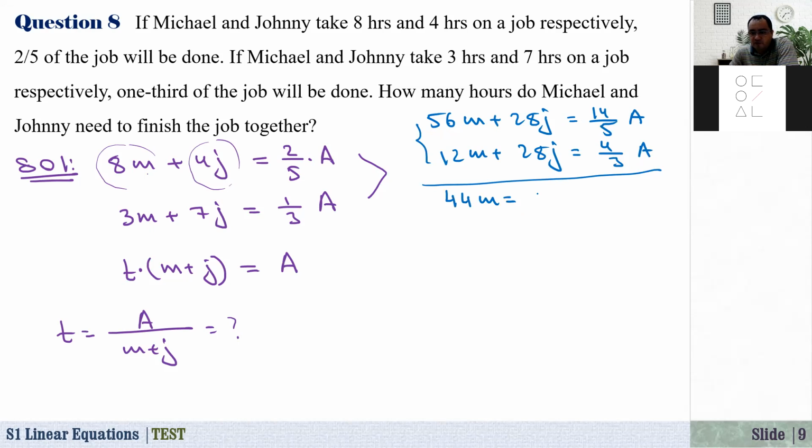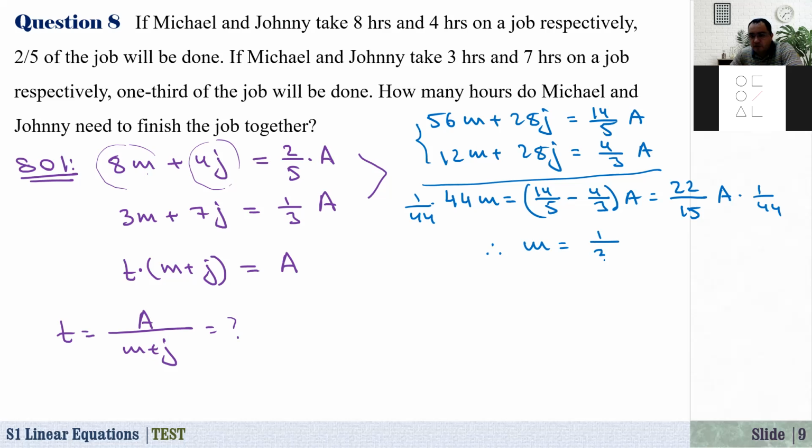So here we have 14 over 5 minus 4 over 3, A, which is equal to, 3 times 14, 42, minus 20, that is 22 over 15 A. Now if you multiply both sides by 1 over 44, we will get M. M is the rate of Michael, in 1 hour how much job he can do. So 22 over 44 is 1/2, and that is equal to 1 over 30 A.